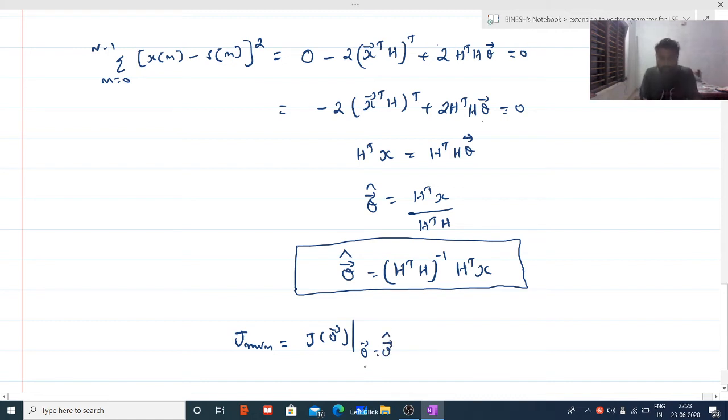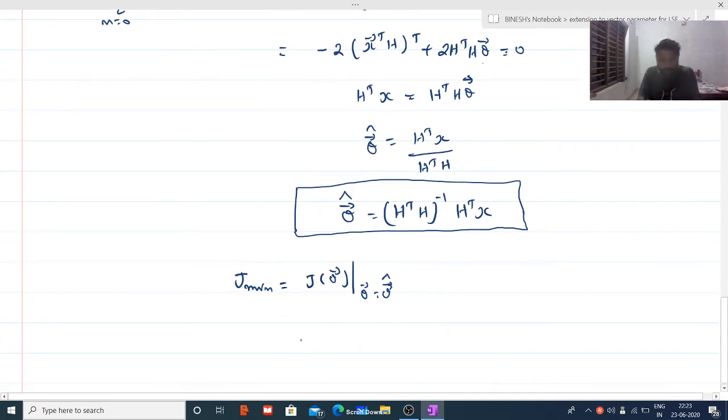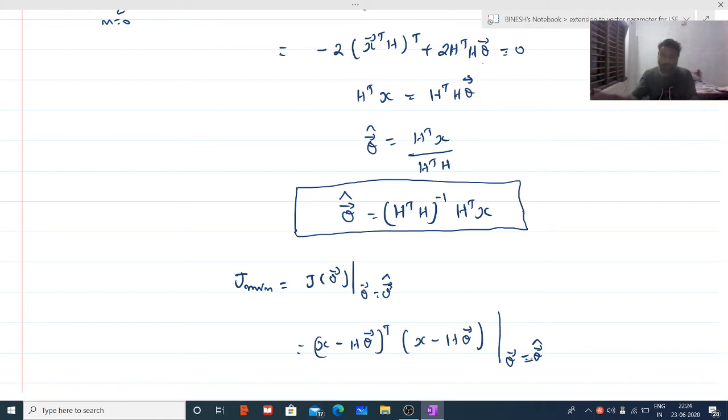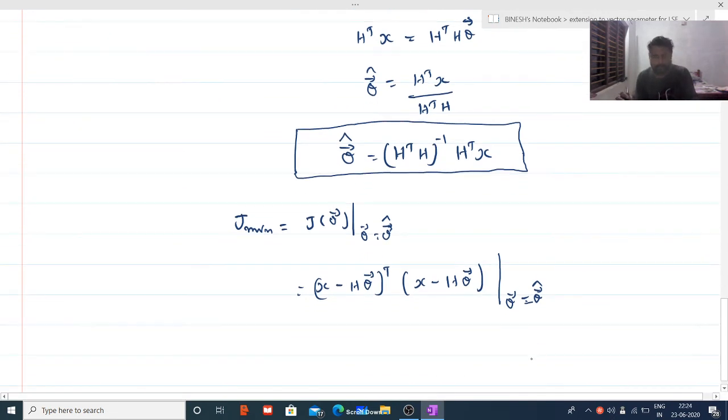So I can write it as x minus H theta transpose into x minus H theta, for theta equal to theta cap. Clear? So what I will do is multiply this out, and take the values of theta here.